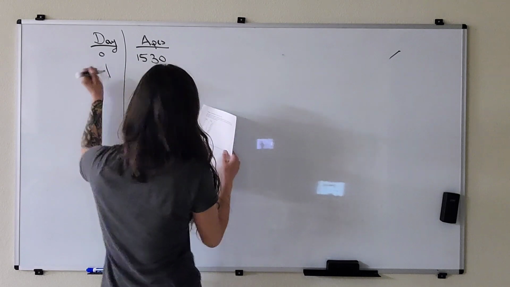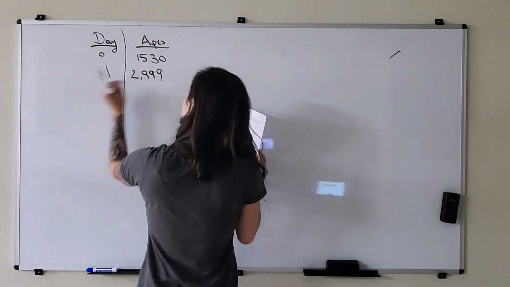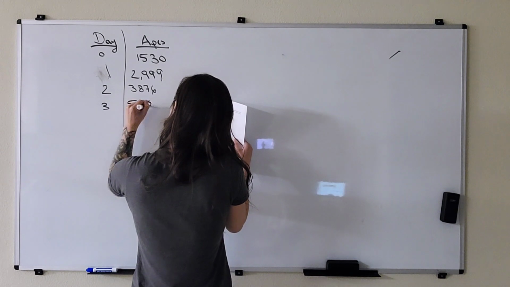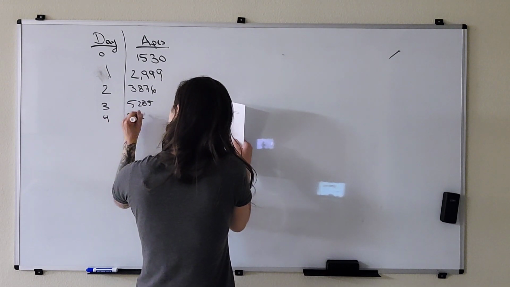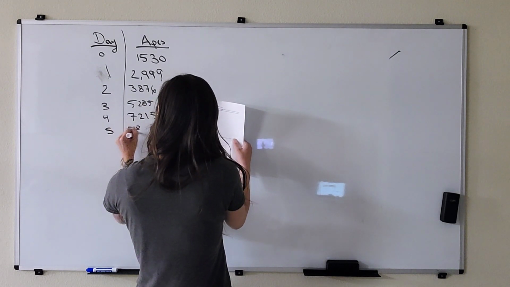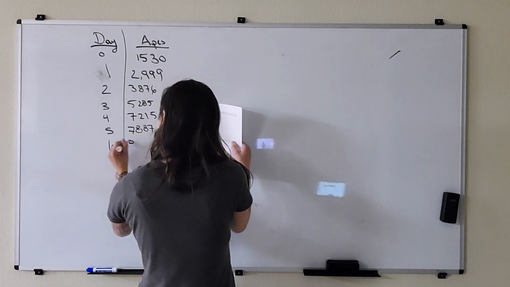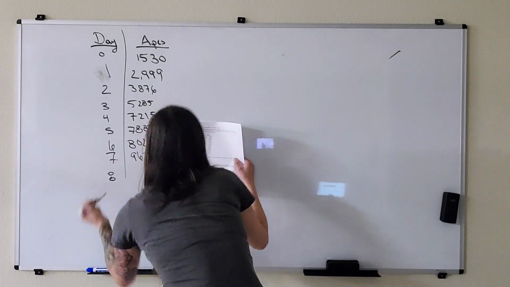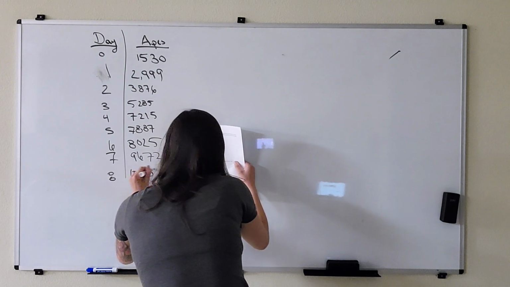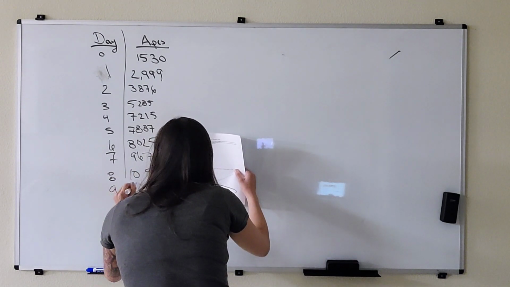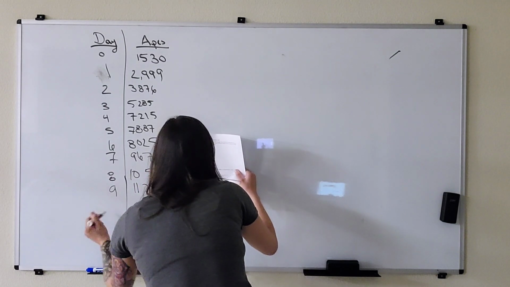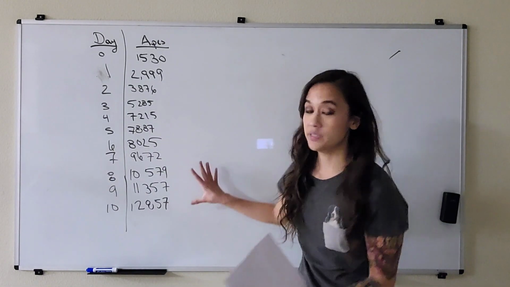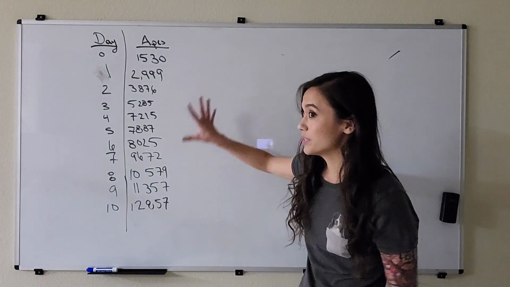Day 1 is 2,999, day 2 is 2,876, and so on, up to day 10, which is 12,857. Data like this is way more believable because we don't live in a perfect world, so it's going to be all over the place.